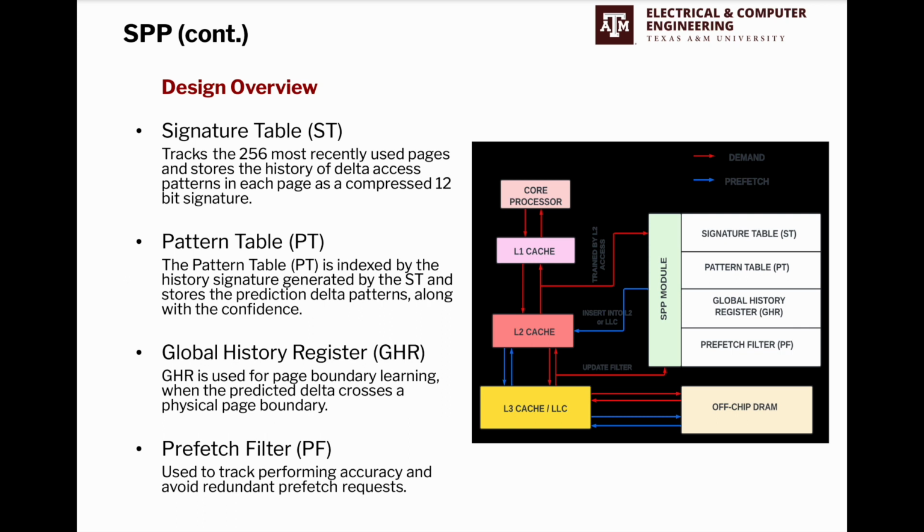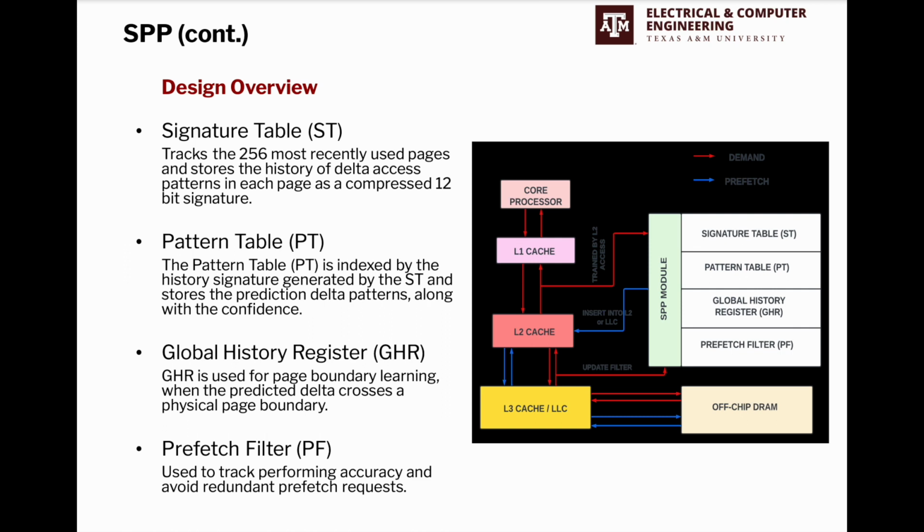The pattern table uses these signatures to index and retrieve predicted delta patterns, assessing the likelihood that these patterns will result in beneficial prefetches. If the pattern has high confidence, it is sent as a prefetch candidate to the prefetch filter, which then eliminates any redundant prefetch request.